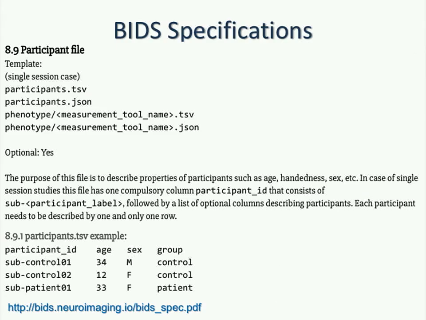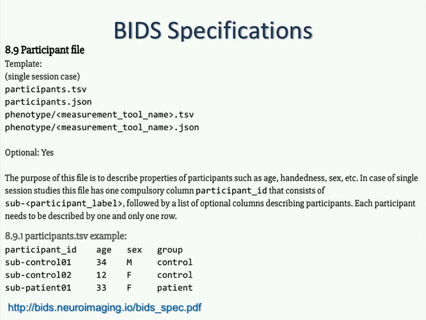Basically we need to create this file. It's called participants.tsv in that top level folder, and we need to fill it out with that information, along with that dataset description file we talked about earlier. So there are these two files, the dataset_description.json and the participants.tsv file.